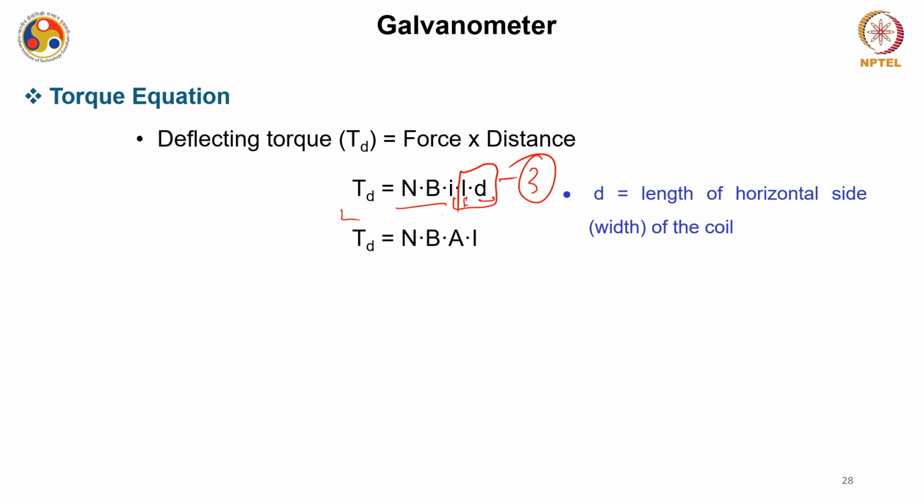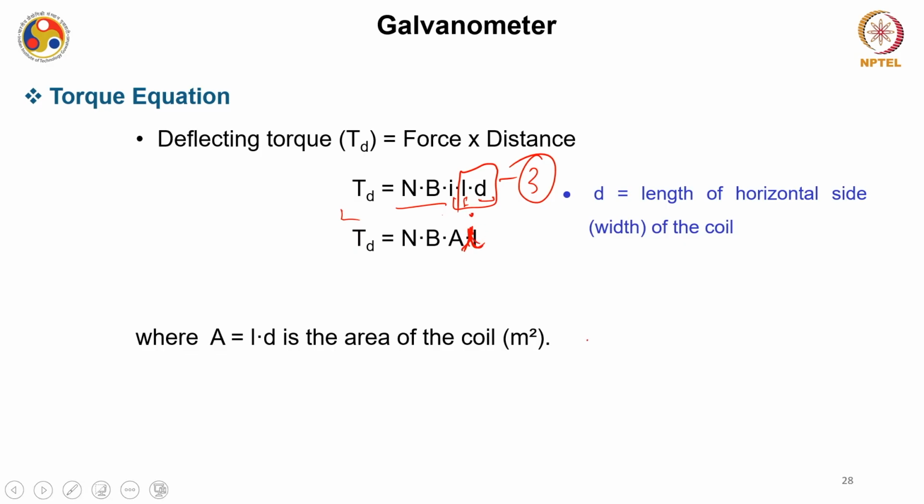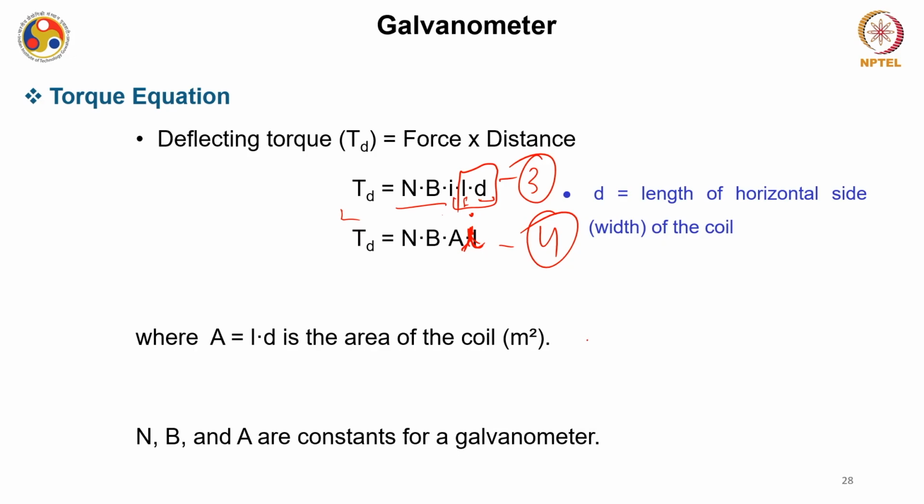So, by replacing this, TD is equal to NBA into I, and I am calling this equation 4, where I is the current which is flowing, and L into D is A, the area of the coil.